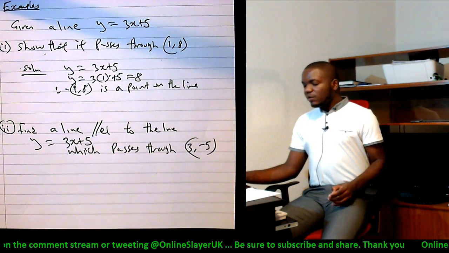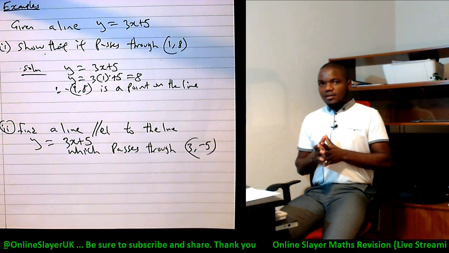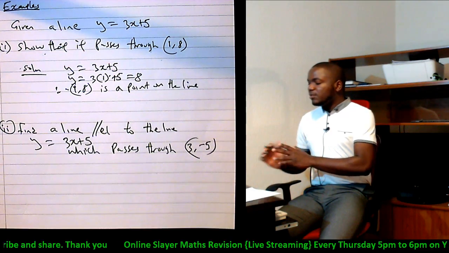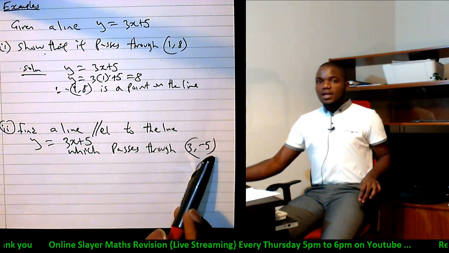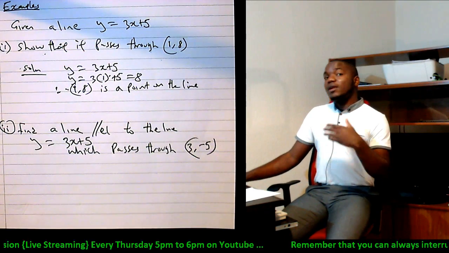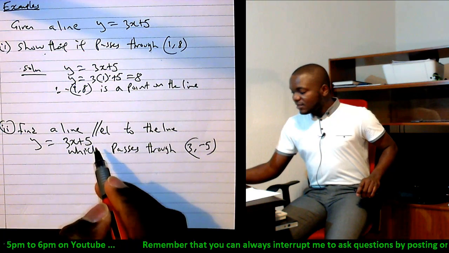So you're told to look for a new line now. Now this line has a gradient, right? But we were not told the gradient, but we were told that this line passes through the point (3, -5). Instead of telling us what the gradient is, they told us it's parallel to another line. Now that other line, we know what the gradient is because the gradient is 3.